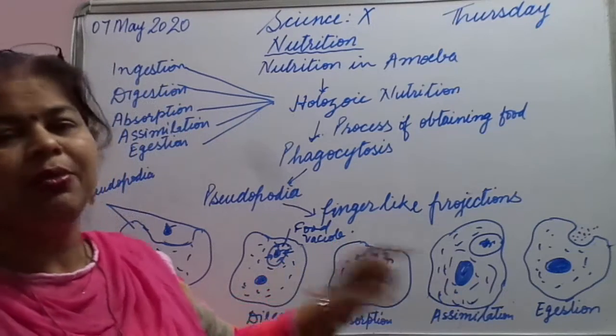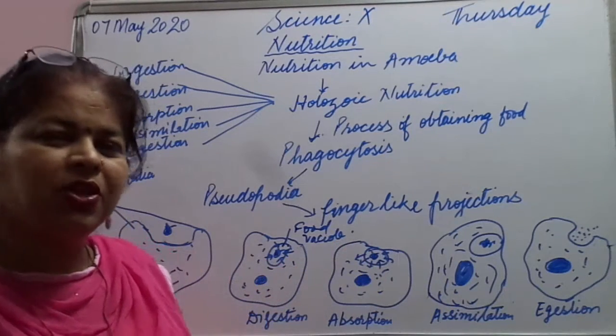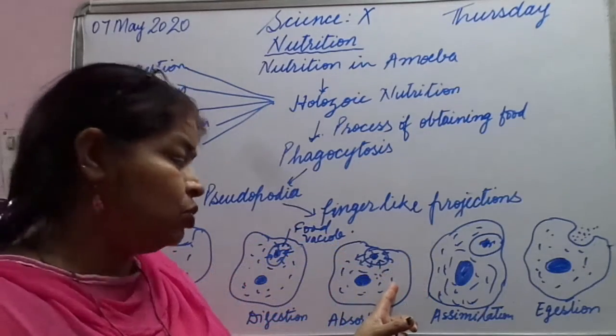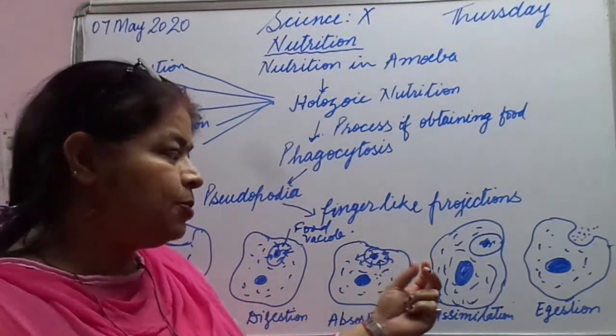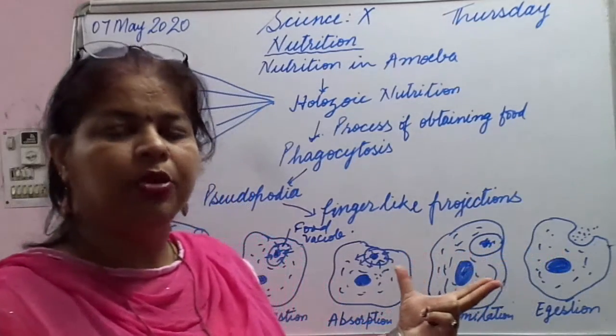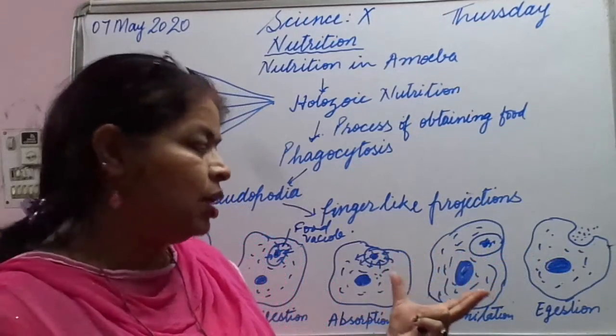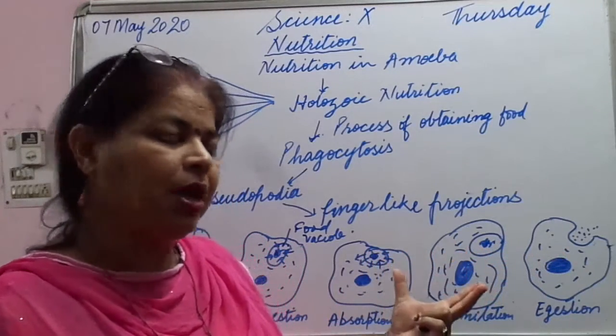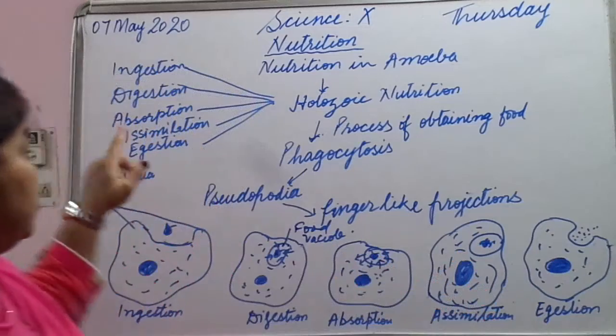Then next comes assimilation. The nutrients that were sent into the cytoplasm now help the organism grow, so that they can be used in life processes and all other activities. It helps the growth of the organism, and this is known as assimilation.